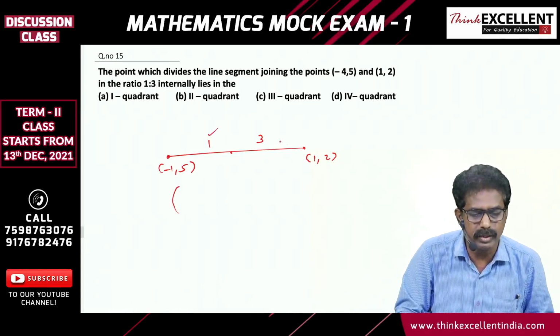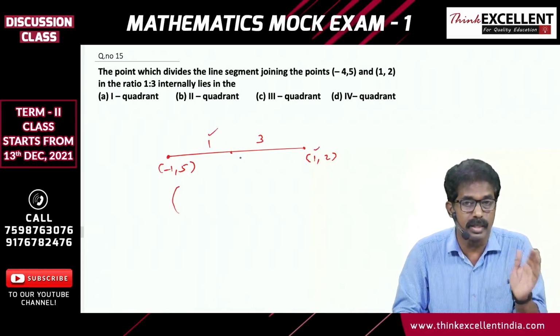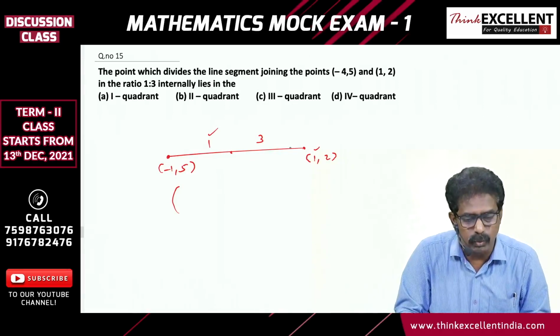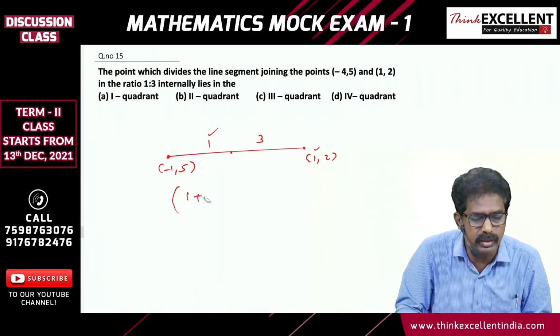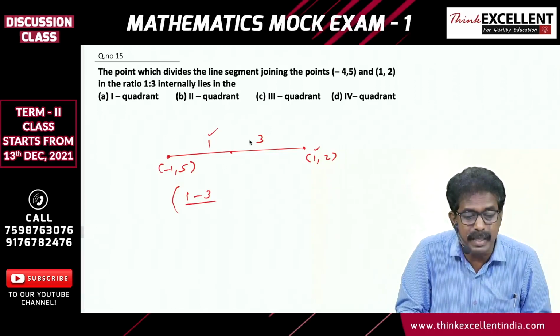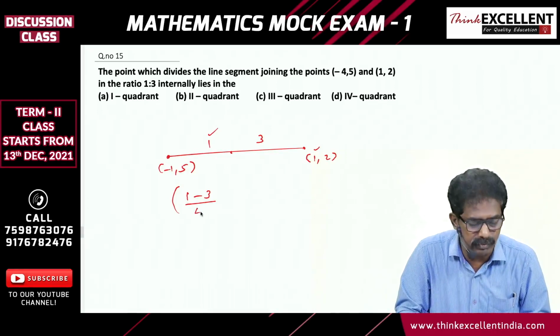So m into x2 plus n into x1 by m plus n, right? So 1 into 1 is 1, plus 3 into -1, that is -3, divided by m plus n, 1 plus 3, it is 4. Comma.